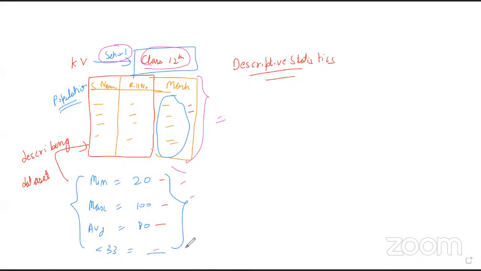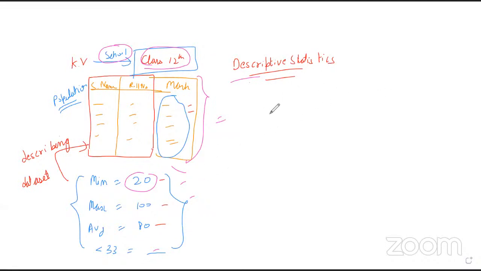Any other information you need, you can obtain from this data set. If you give the same data set to another 10 persons, they will also compute the same values, because we are describing this data set. It will be the exact values, with certainty. You can surely say this will be the average, this is the minimum marks. So in short, we are describing this data set, so it comes under descriptive statistics.